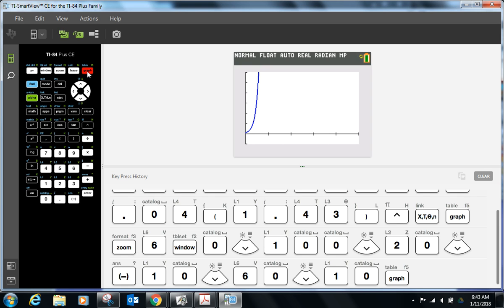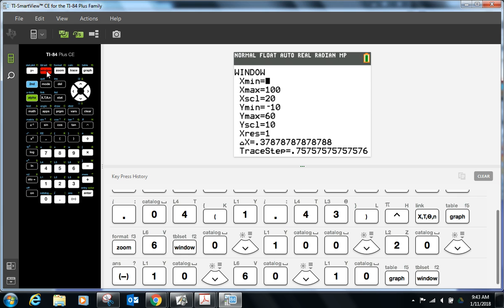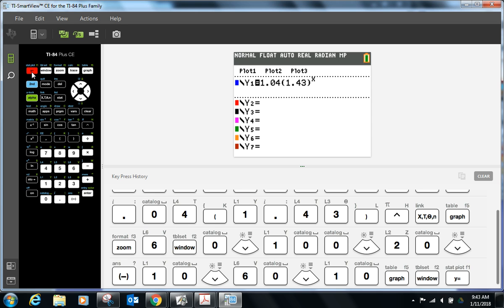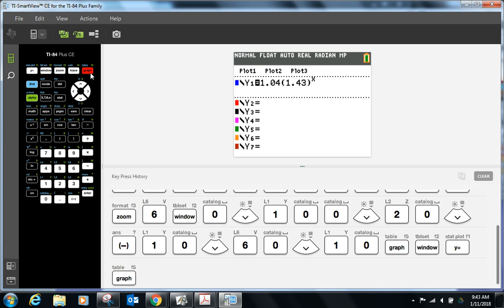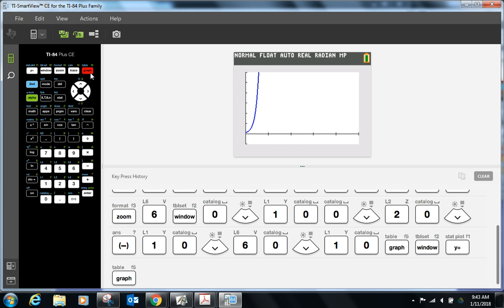That didn't help too much, huh? What did I forget a window? What did I do? 0 to 100. 20, minimum, -10, max, 60, 10. Yeah. Oh, okay, I know why.